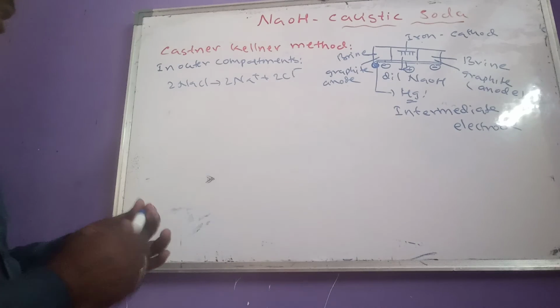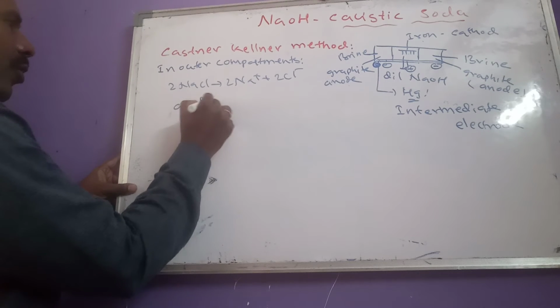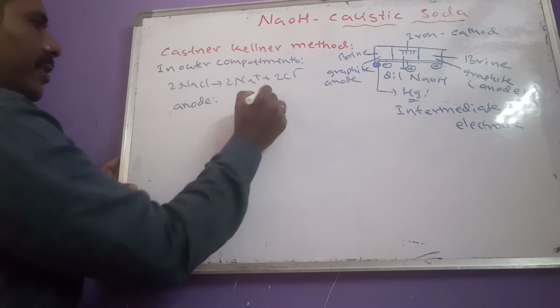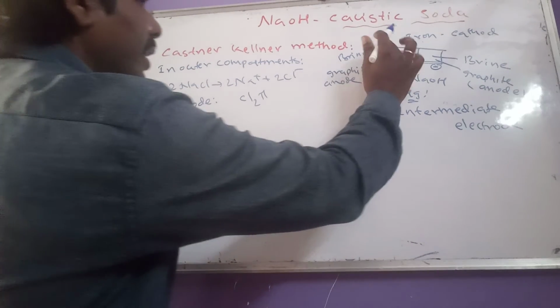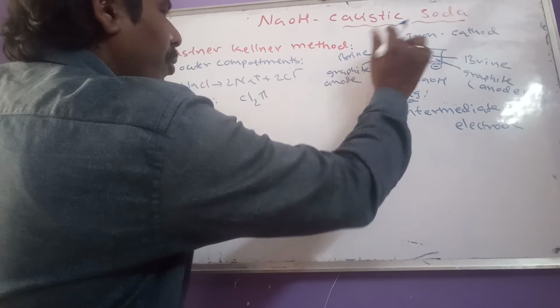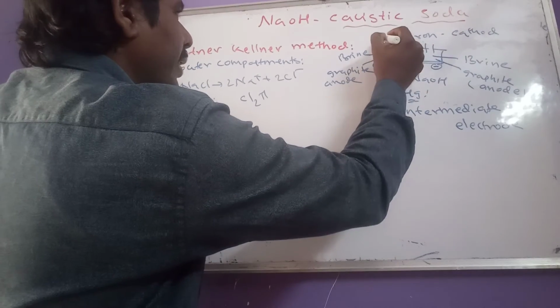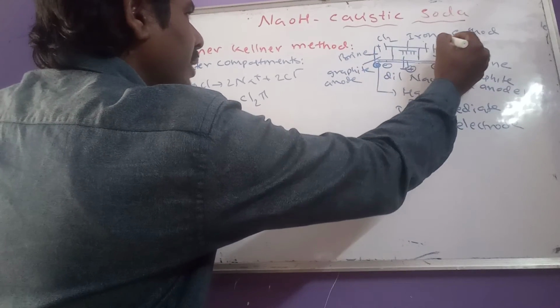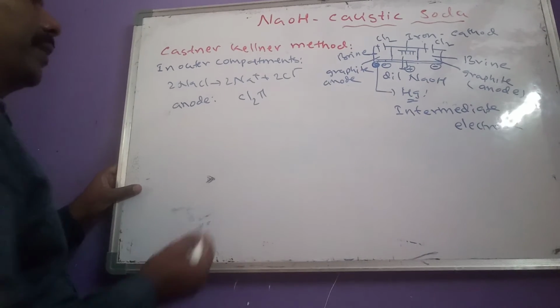As usual, these Cl- ions move towards the anode, and chlorine gas is liberated. What is the product liberated from the outer compartments? They may ask this question. Chlorine is the product liberated from the outer compartments.